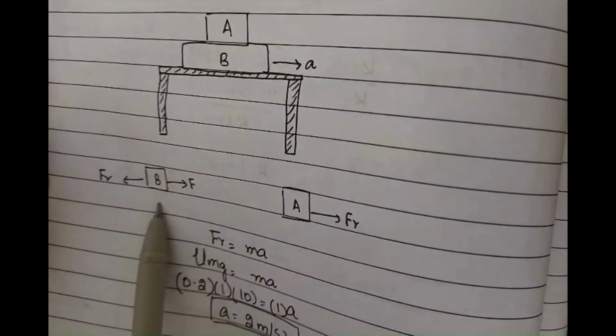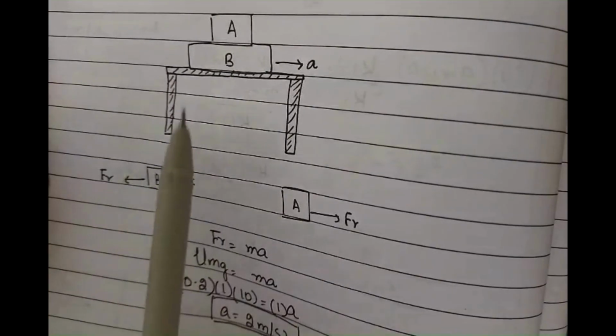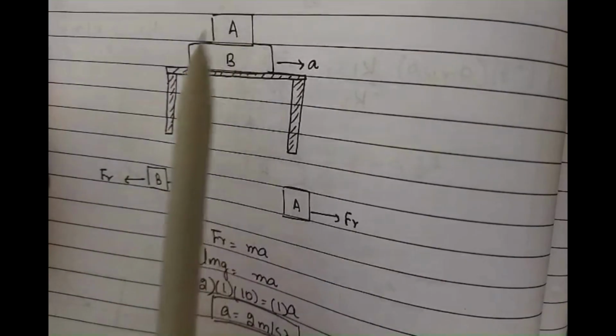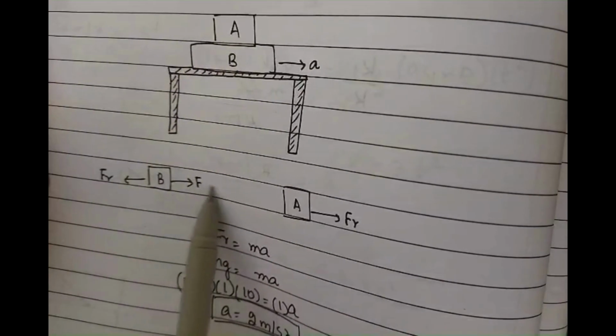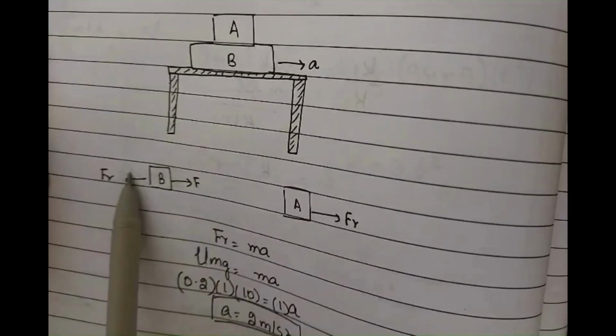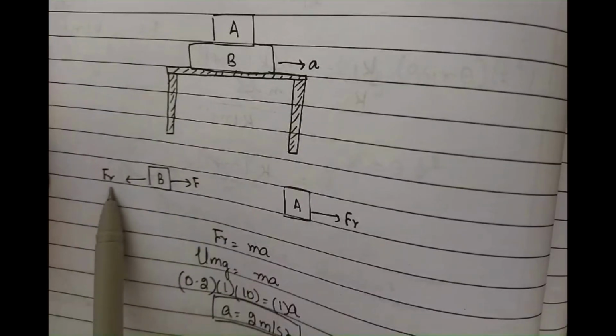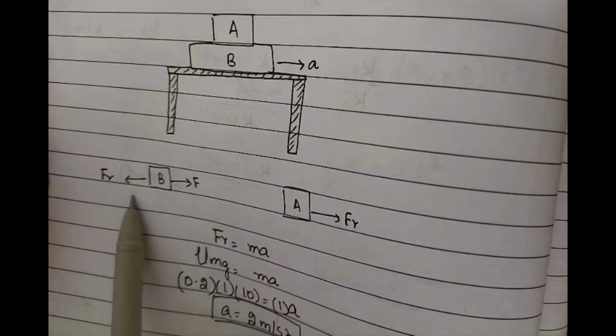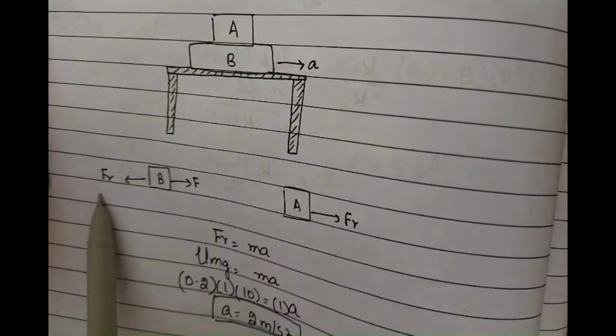Now, if we talk about the free body diagrams of both of these blocks, B as well as A. For B, we're going to apply a certain force in this direction to cause a certain acceleration, and opposite to this motion there's going to be a force that comes into play to oppose this motion, and that's going to be the force of friction.